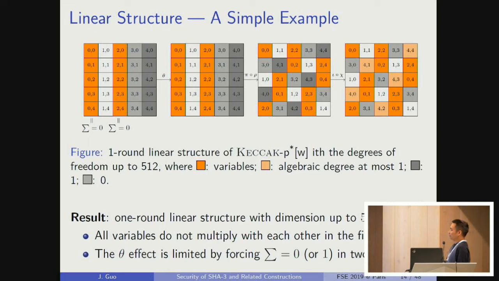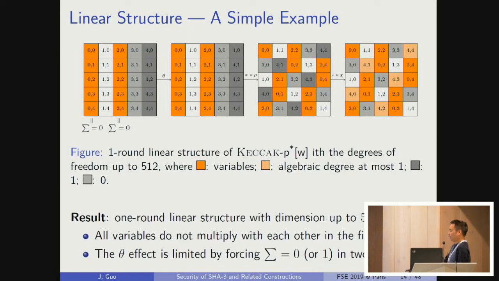First of all, we start with linear inputs. After the application of the round function, all the output bits are still linear, meaning algebraic degree 1. So here, the orange parts are the variables. The gray parts mean constant 1, and the light gray parts constant 0.